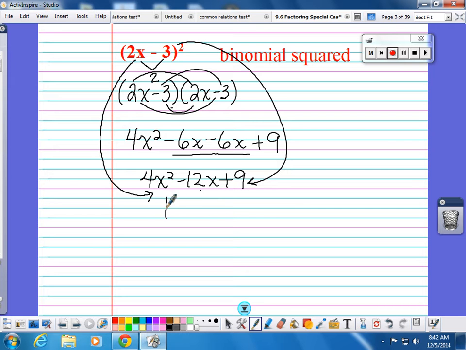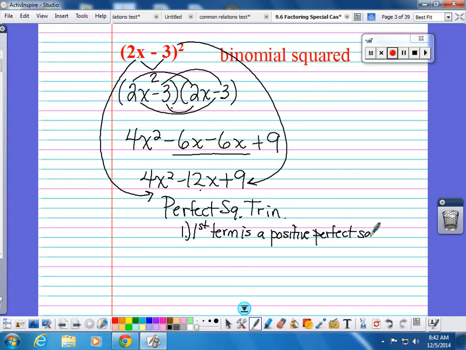Now, this is called a perfect square trinomial. How do you recognize a perfect square trinomial? Number 1, the first term is a positive perfect square. Okay.